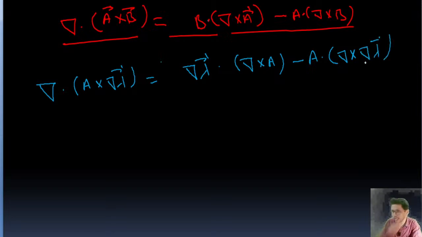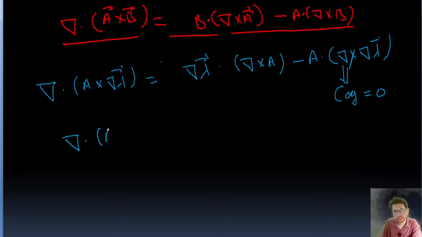Again, curl of gradient of lambda, curl of gradient is 0.